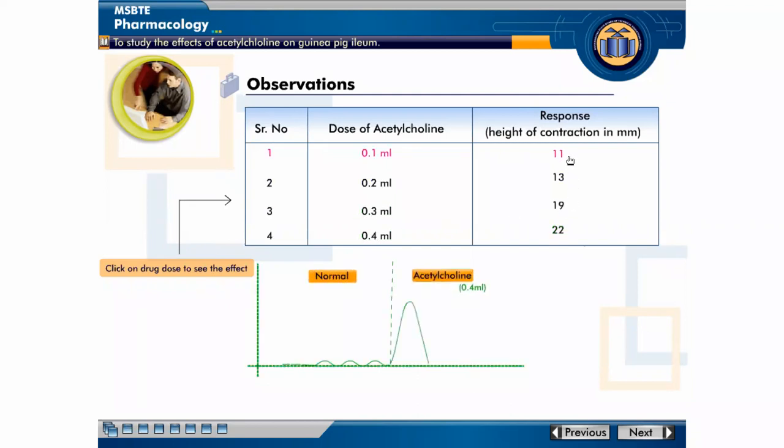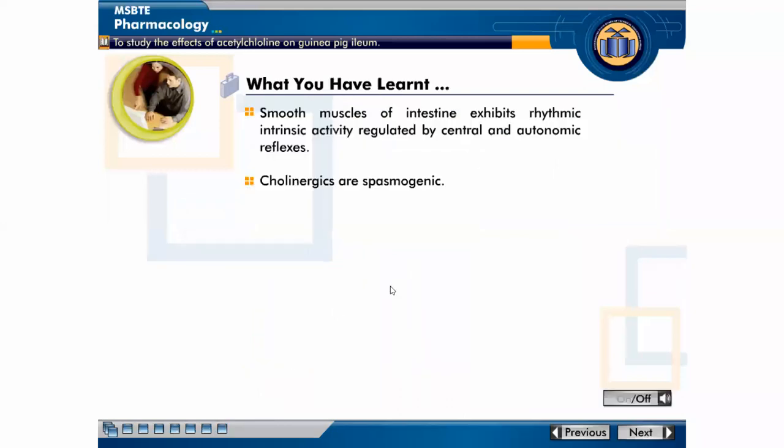There is increase in the response: 11, 13, 19, 22. You have learnt that smooth muscles of intestine exhibit rhythmic intrinsic activity regulated by central and autonomic reflexes. Cholinergics are spasmogenic.